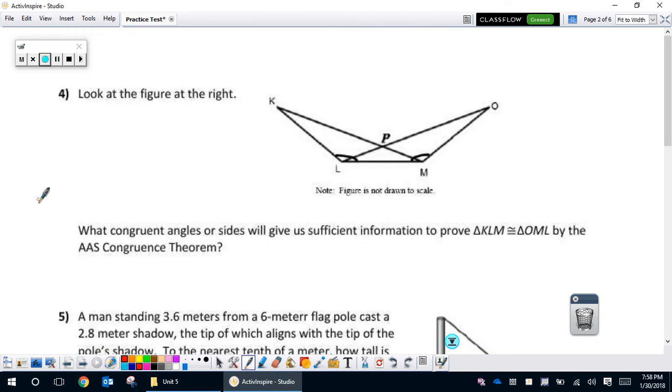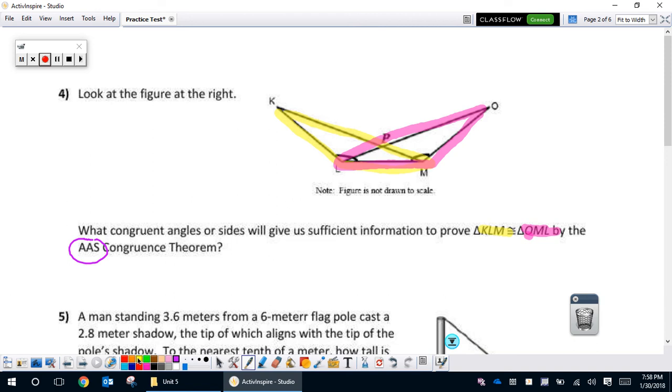Alright, number 4, we have this figure, and what congruent angles or sides will give us sufficient information to prove triangle KLM is congruent to triangle OML, and they want us to use the AAS theorem.